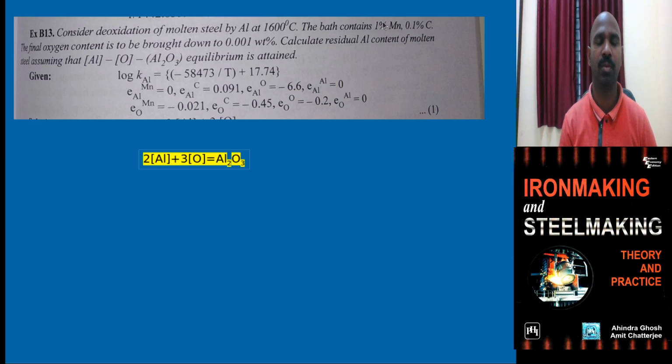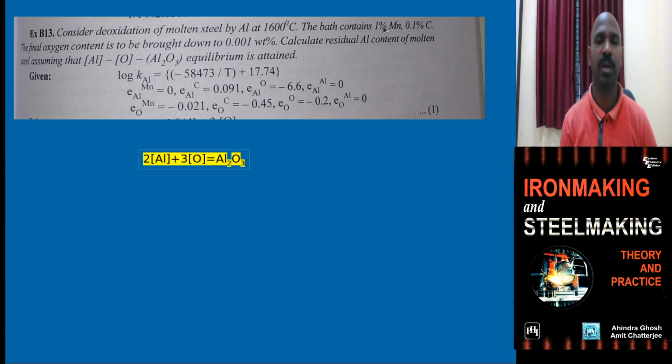The aluminium interacts with the molten metal bath, and aluminium and oxygen form Al2O3, which has a higher melting point than the steel above 1600 degrees Celsius. Immediately the Al2O3, in a semi-solid form, comes to the top.